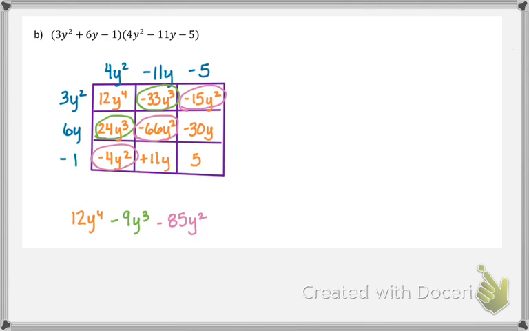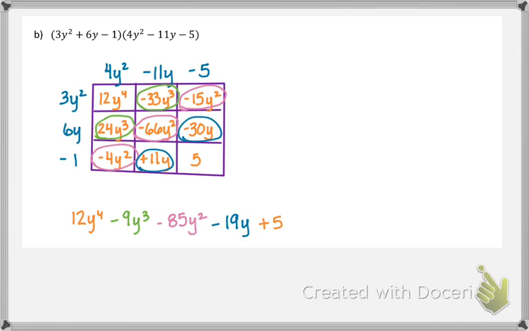And then from there, I also have negative 30y and positive 11y that I can combine to give me negative 19y. And then finally, I have my constant, positive 5, that I can't combine with anything. So that's your polynomial after we multiply: 12y to the 4th minus 9y cubed minus 85y squared minus 19y plus 5.